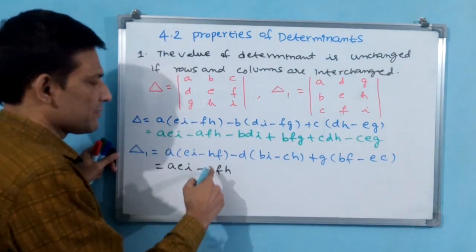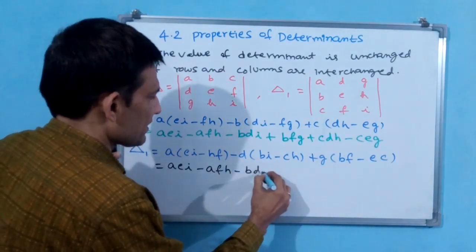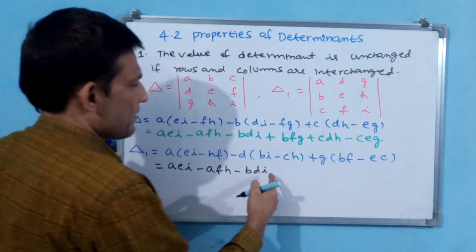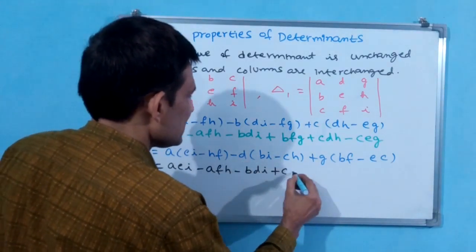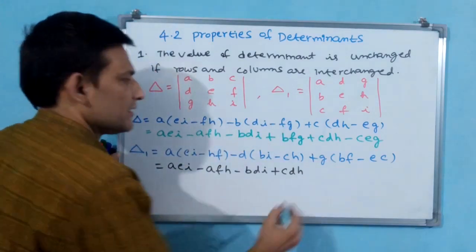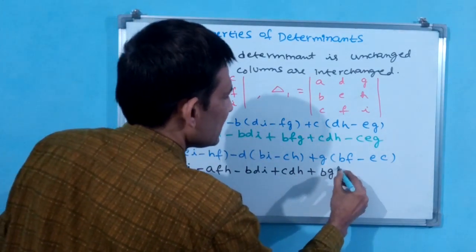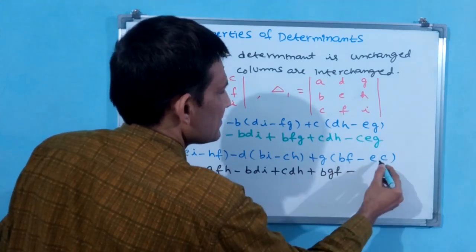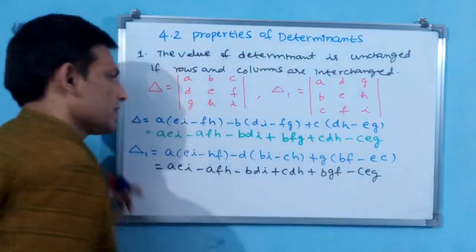Now BDI I am writing. Why? Because the first letter is B. BDI. Then plus CDH plus BGF minus CEG.